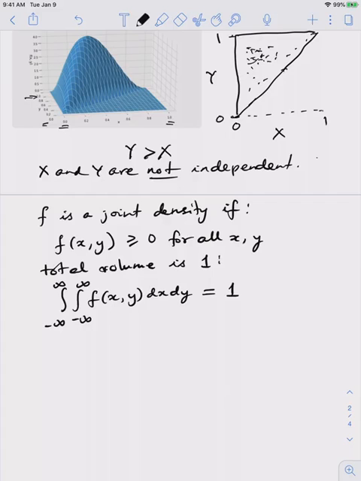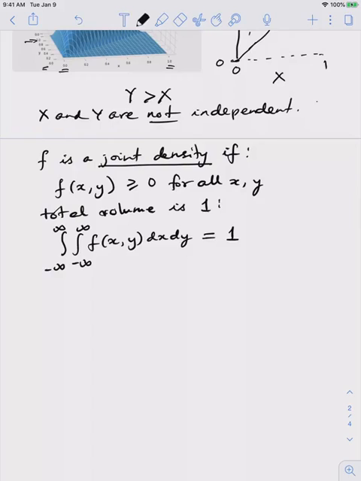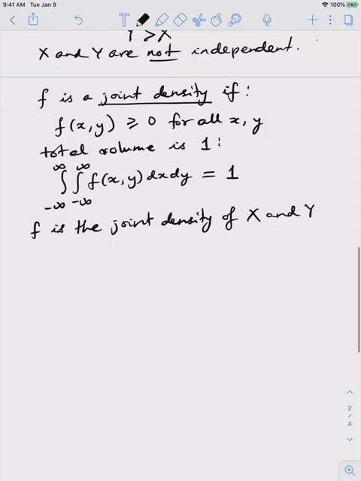That makes your function f a joint density. And it is the joint density of random variables x and y if probabilities for x and y are volumes under the surface f.